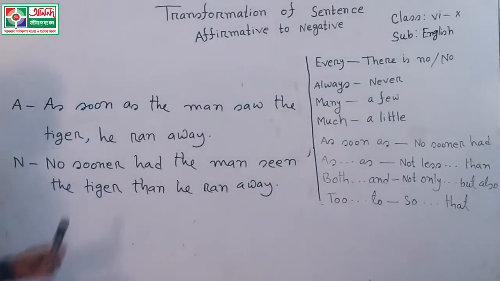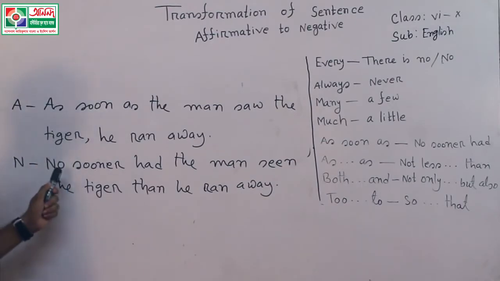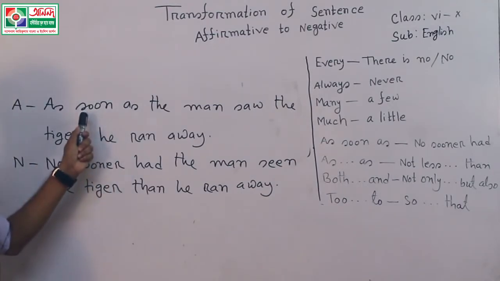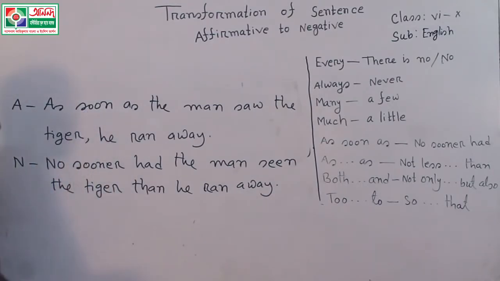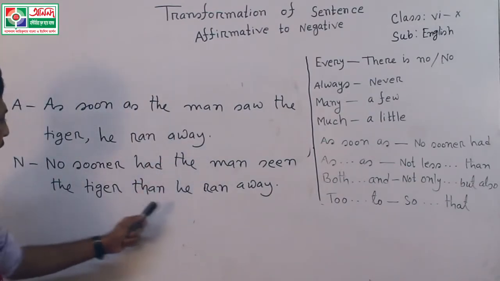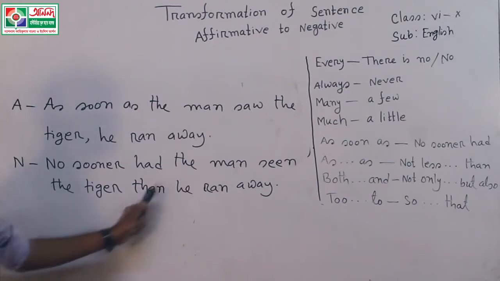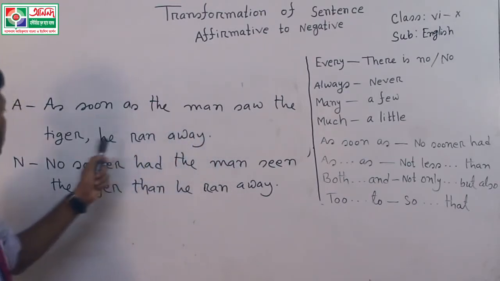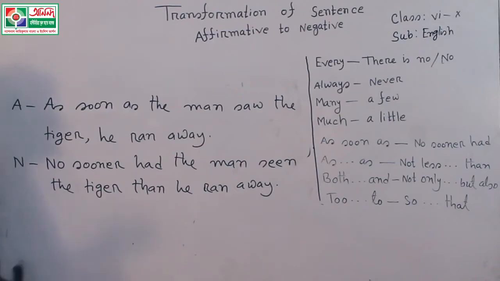Dear learners, look at the example attentively. In this sentence, we have used no sooner had instead of as soon as, and we have used then instead of the comma, and in this sentence there is nothing else to change.